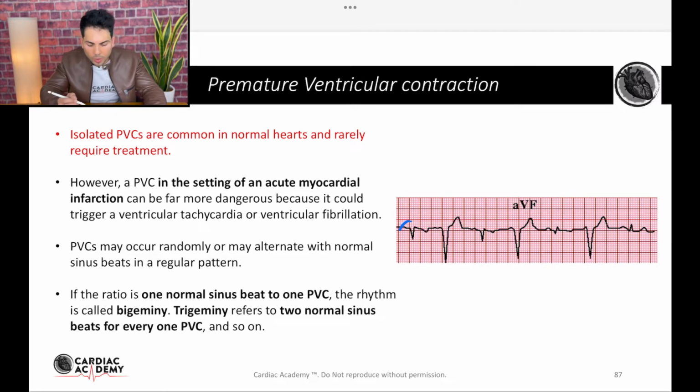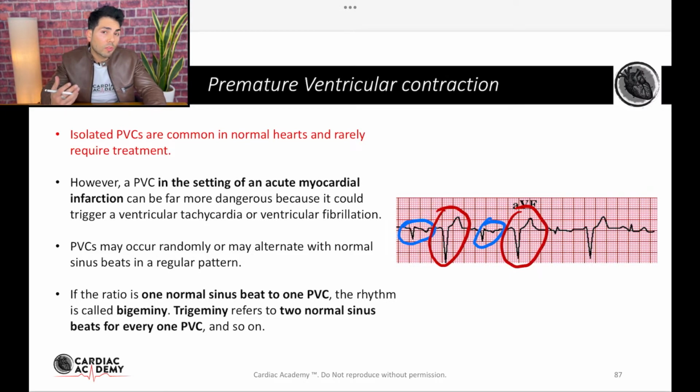You can see how the T wave following the PVC looks different from the previous one, and so does the QRS. That lets us know it's a PVC. Then we're back to normal, and then back to another PVC, and so on. So this is called bigeminy, okay?